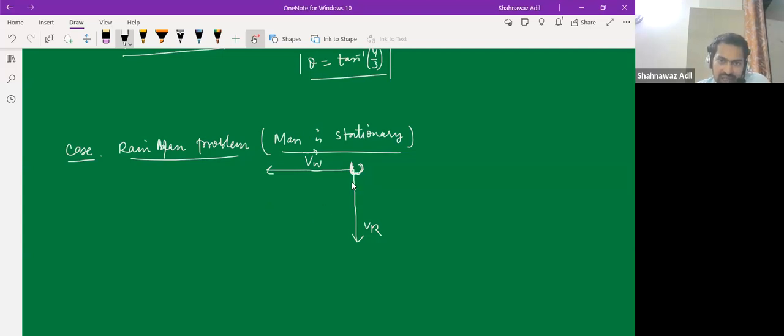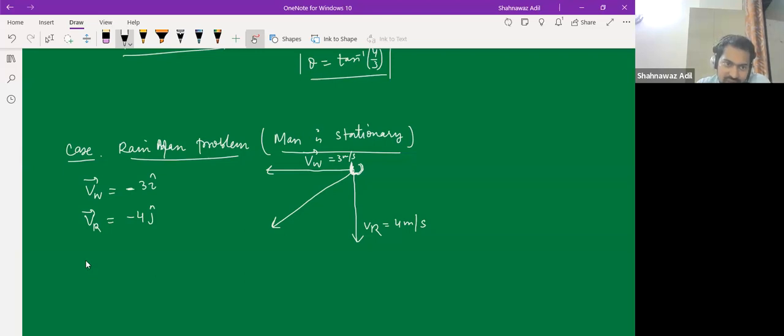So in this case, we calculate the resultant. Let's say the wind is 3 meters per second and the rain is 4 meters per second. So the velocity of wind is minus 3i, and the velocity of rain is minus 4j.